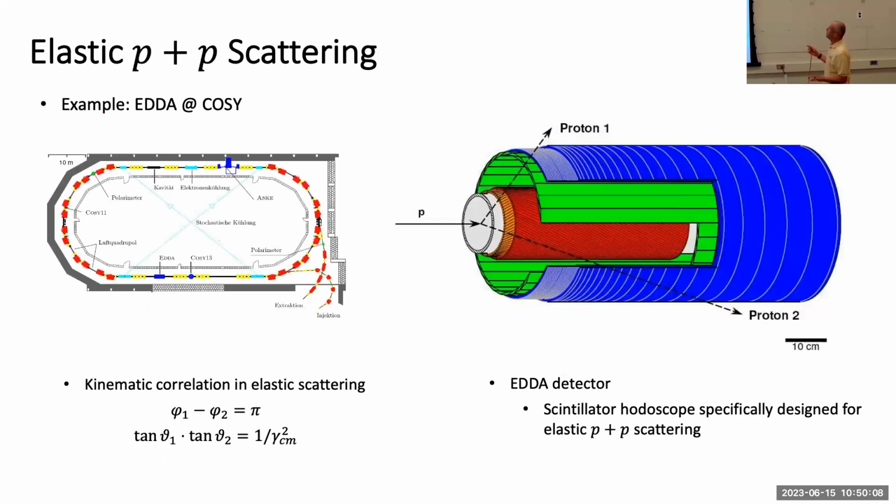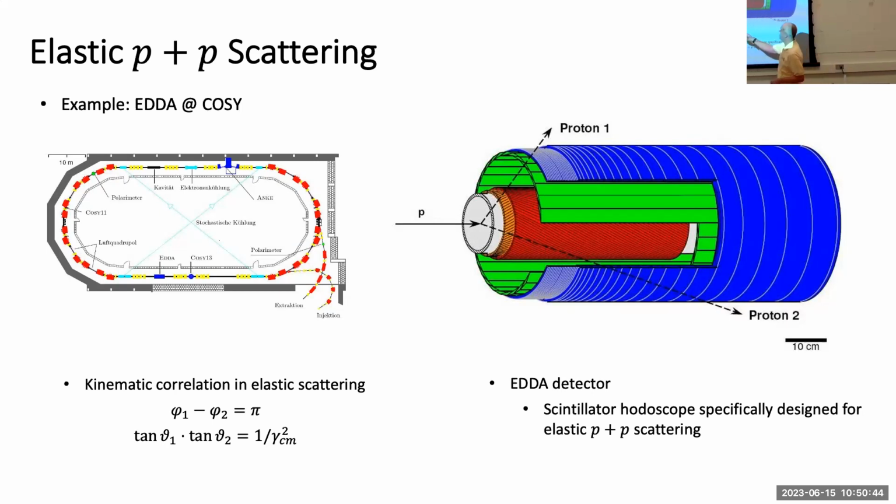So back to my favorite example that we started yesterday, one experiment from the COSY synchrotron storage ring in Germany. That's the previous ANKE experiment, which was an experiment that was specifically designed to measure a lot of those different spin correlation coefficients, those AN parameters for different polarization combinations. And this detector itself was very much optimized to measure elastic proton-proton scattering.